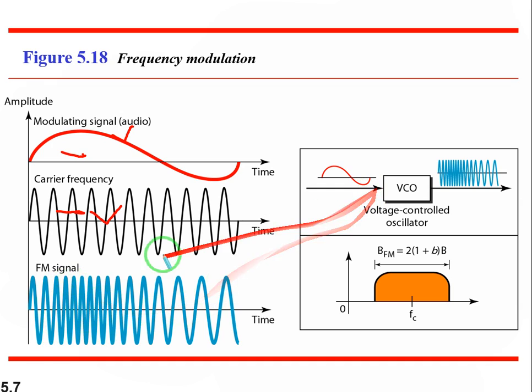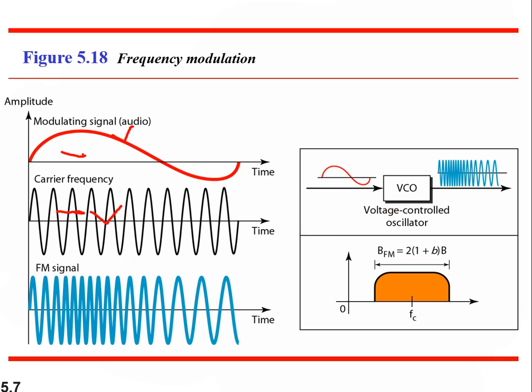Once the frequency is increased, for your original signal we have a voltage controlled oscillator. It controls the frequency through the voltage, and then we have a frequency modulated signal.